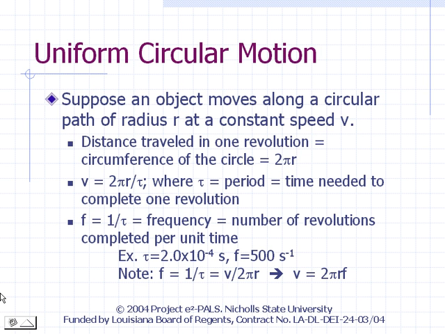Speed is just the distance traveled divided by the elapsed time. So if we define tau as the time elapsed as the object completes one revolution, we can get the speed by taking the distance traveled, 2 pi r, and dividing it by tau. By rearranging this equation, it is easy to show that tau is equal to 2 pi r divided by the speed, v.